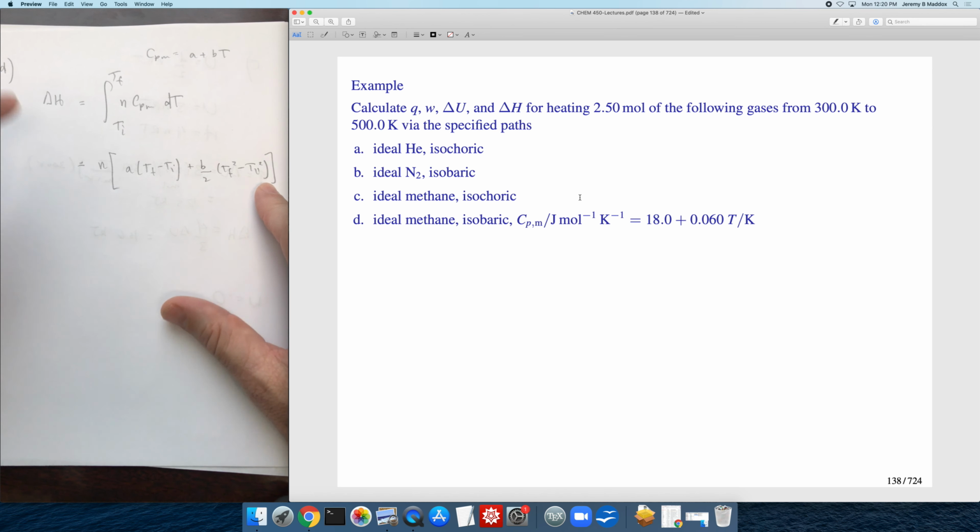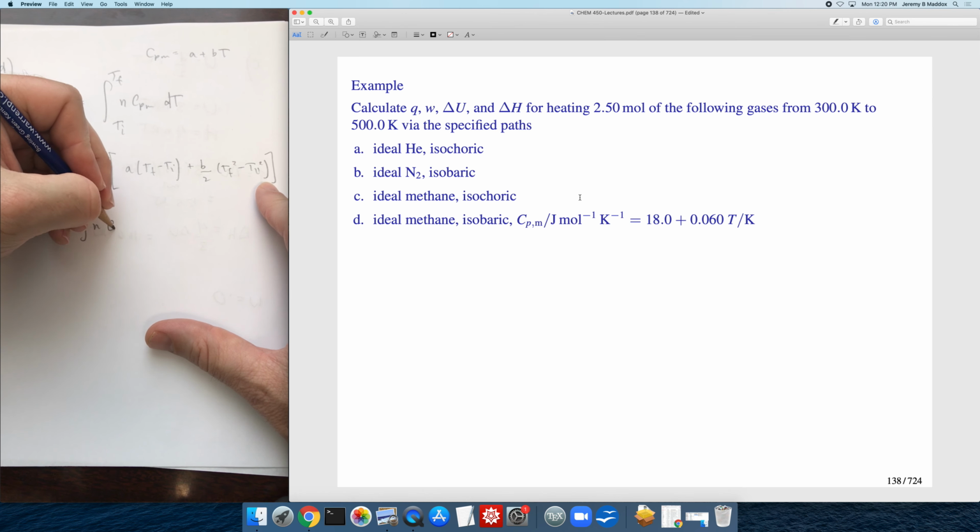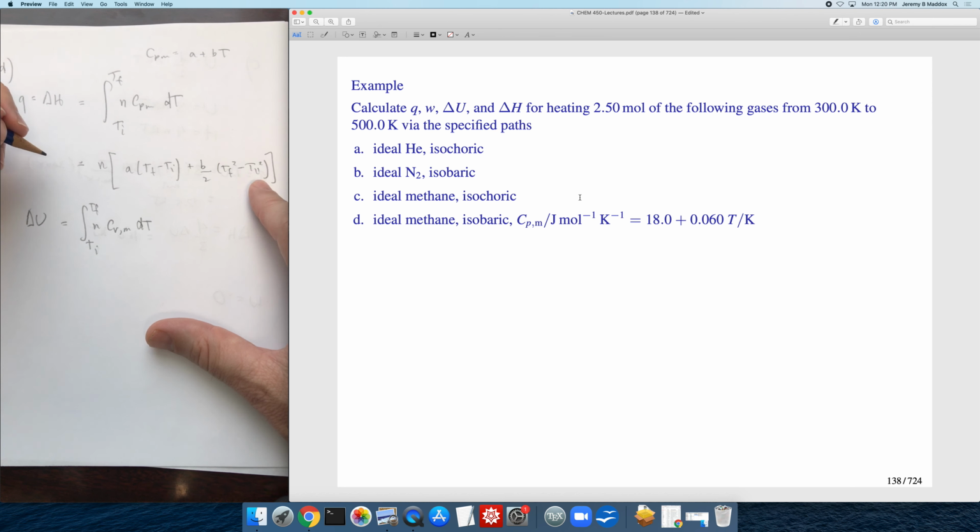Because it's isobaric, it's also going to be equal to Q. To do the delta U calculation, you need to do the same thing, but using the constant volume heat capacity, not the constant pressure heat capacity.